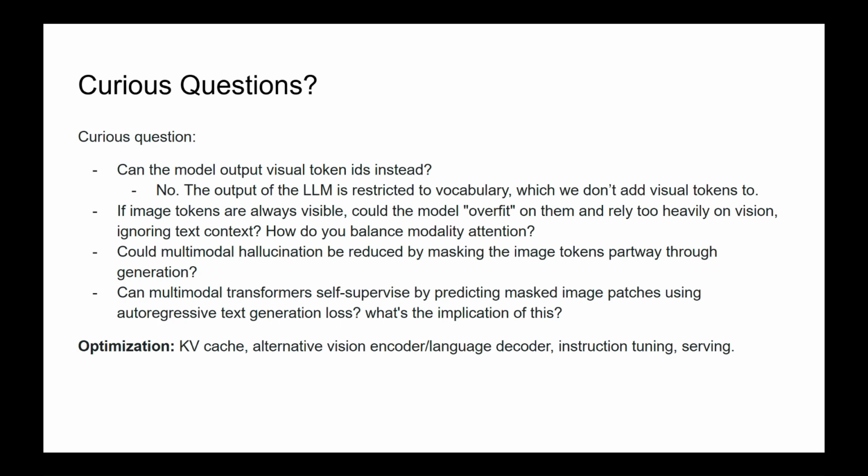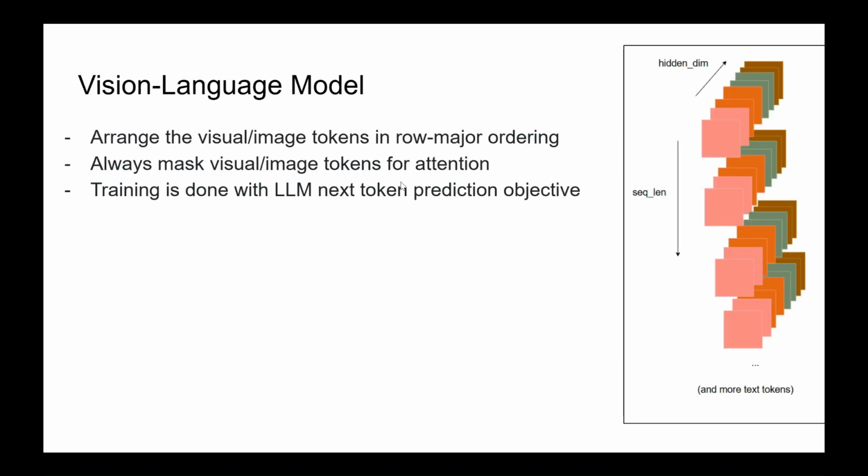So firstly, is it possible that the model outputs visual token IDs? What I mean is that in the previous slide, we combined all of the image tokens with the prompt or the text tokens. Is it possible for the LLaMA model, the final text outputting model, to output the image tokens?